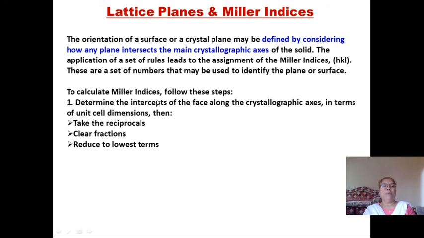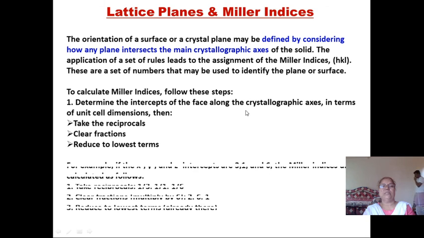Then the reciprocals of the Weiss indices are called Miller indices. So to calculate the Miller indices, at first you must know the intercepts of the face along the crystallographic axes. Then take the reciprocals, then clear the fractions and reduce to the lowest terms. Miller indices are usually represented as the smallest whole numbers and not fractions.